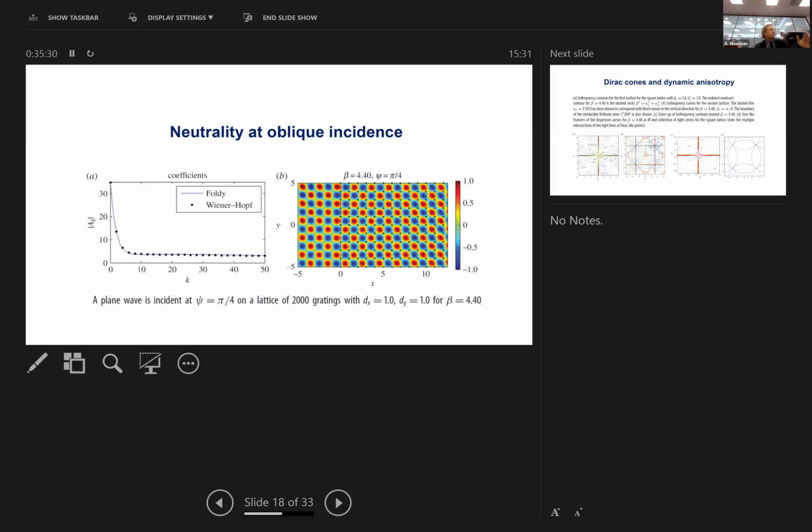For the neutral propagation, both methods give similar results. As you can see, this is your oblique incidence at the angle of pi/4, and it pretty much looks like nothing is there. No scatterers.